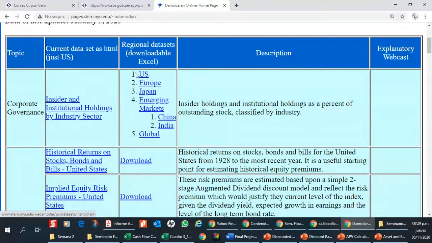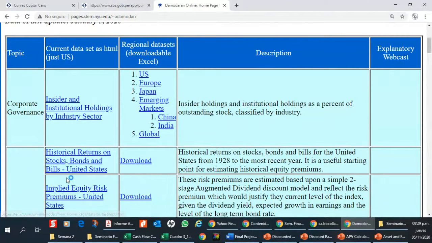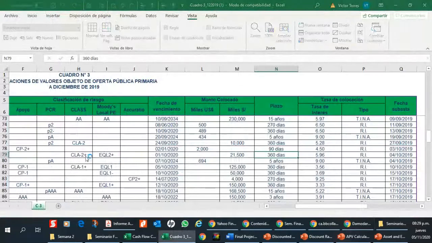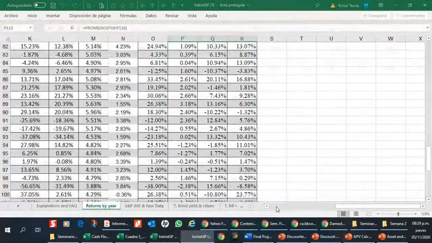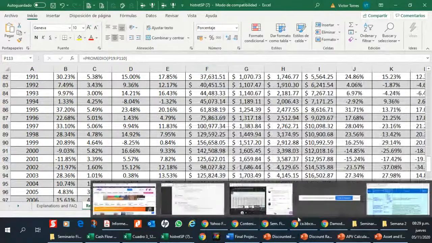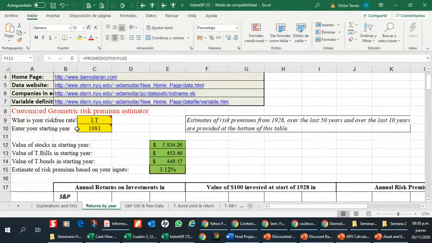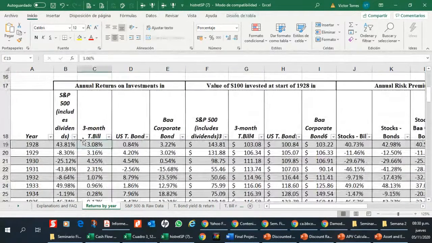First of all, I wanted to get here, which is historical returns on stocks, bonds, and bills in the United States, and we're going to open that in a second. It's going to help us analyze what has been happening in the US regarding returns on some particular securities.